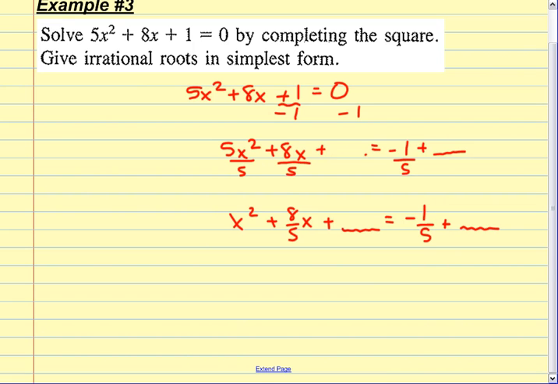In fact, I should just leave that off of there. Let's not even put it there yet. Okay? I moved the 1 to the other side, and it became negative 1, and then I just divided everything by 5. Okay? So now I've got x squared plus 8/5 x is equal to negative 1/5.